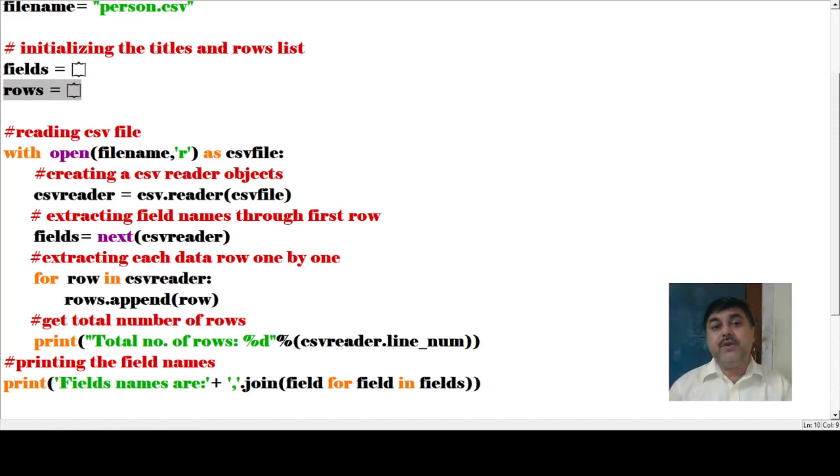After that, the field we will see here is the field name, where fields equals a blank area. Then the rows: rows equals this row that we have, and we are implementing those rows.